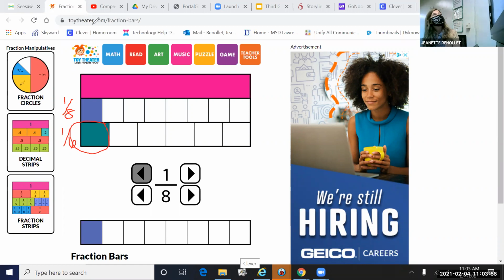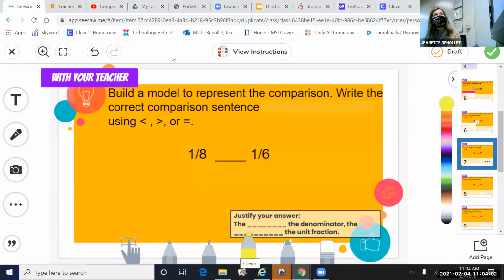So we can go to Seesaw. And let's justify our answer. Let's explain how we know. So 1/6 is greater than 1/8. So we read this, we say 1/8 is less than 1/6. So how do we know? It's time to talk about our answer.